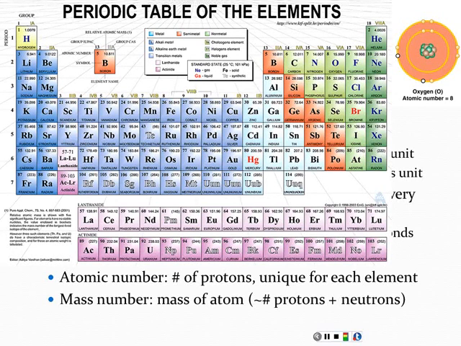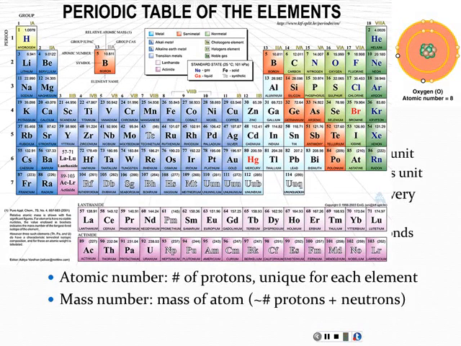The mass numbers you can see on the upper right-hand corner of all the elements within the periodic table. So oxygen here, if you look at it, it says 15.9999. If it has an atomic number of 8, how many protons are there? 8, right? Because the atomic number is 8.